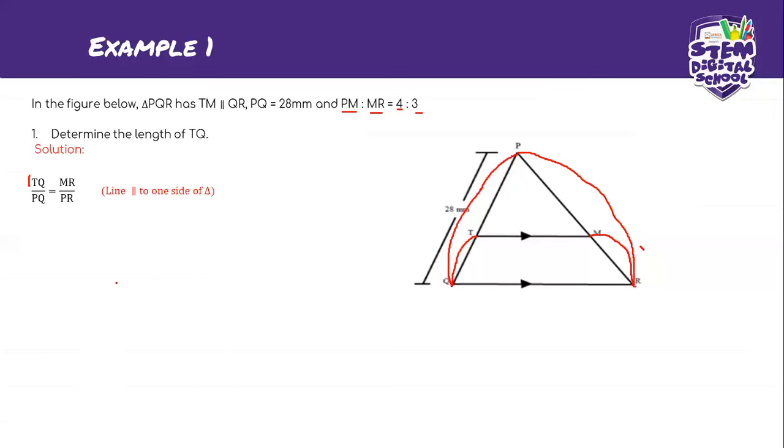Thereafter, the next step, we're going to substitute. Remember, we are looking for the length of TQ. So TQ divided by the actual length for PQ, which is 28, equals the ratio for MR, which is 4.